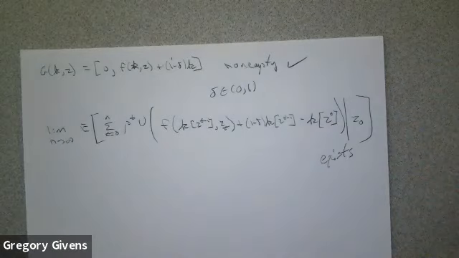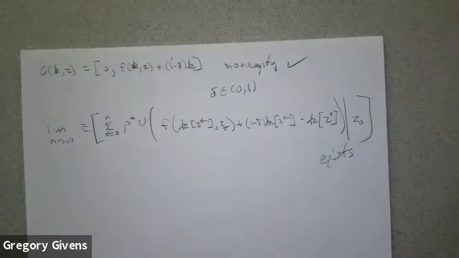The lifetime objective function has to exist in order for the planner to actually maximize it, okay?